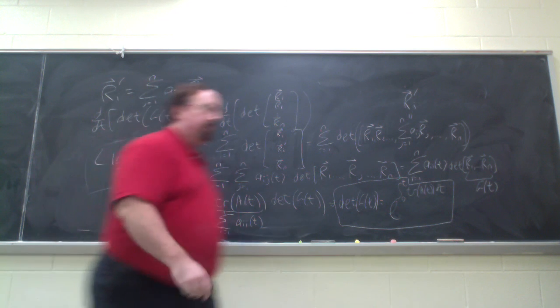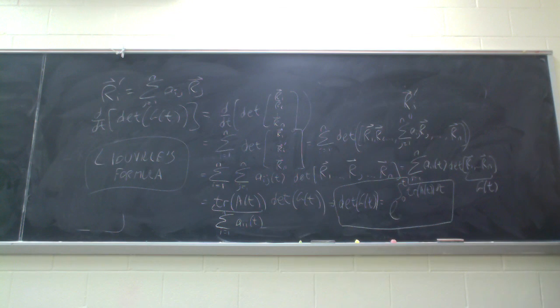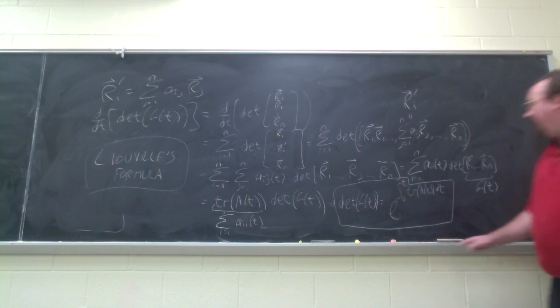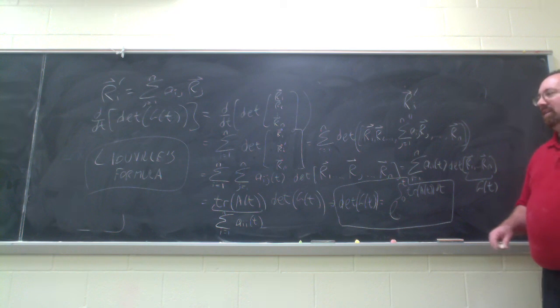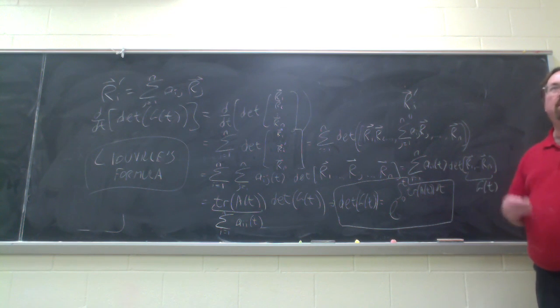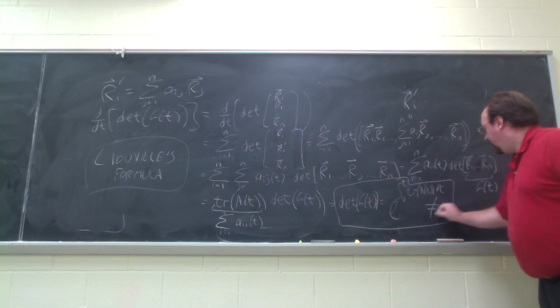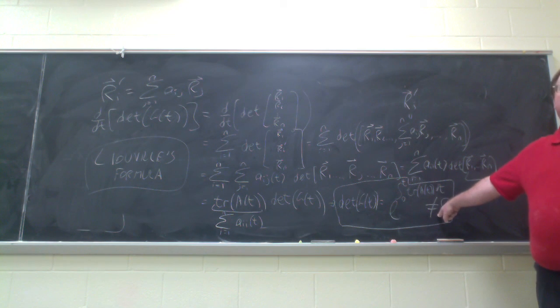Liouville had several things named after him, actually, from differential equations, PDEs, and complex analysis. Now, because this is an exponential of something, it doesn't matter what it is, the point is an exponential is never 0.